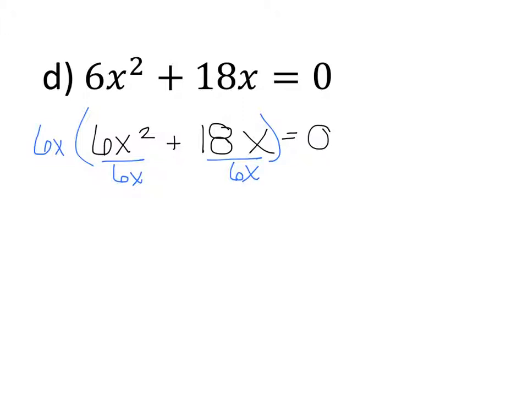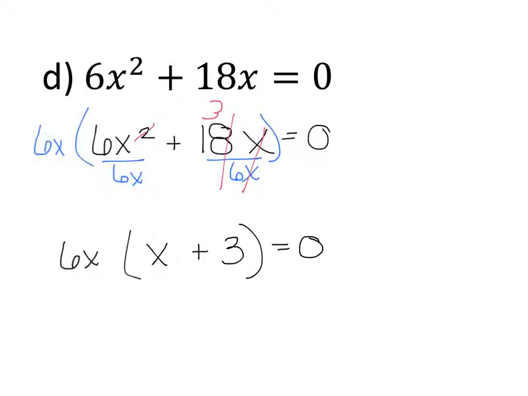So if you divide each by 6x, we're left with 6x times x plus 3, because that canceled, that made 3. Okay, so there we go.